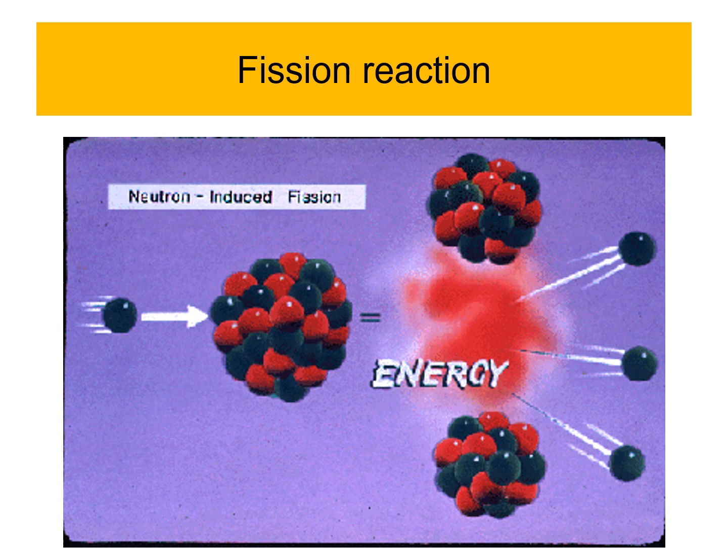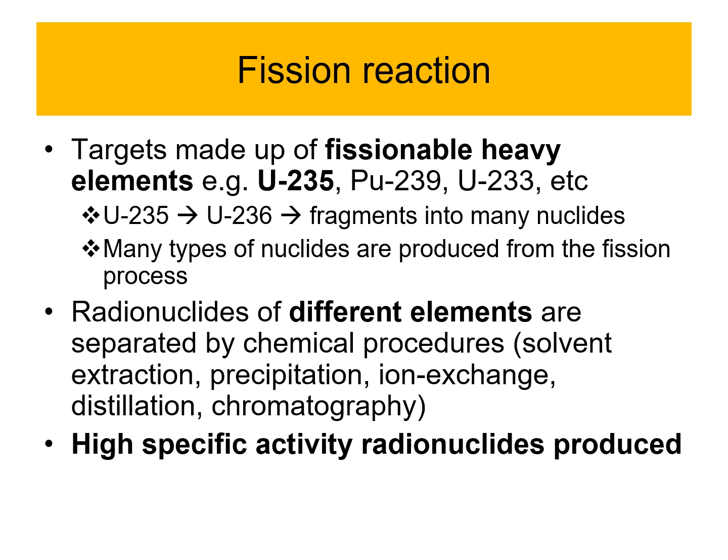During the process, other neutrons are being produced, which would sustain the fission process. Targets are made up of fissionable material, uranium-235. U-235 absorbs a neutron, it becomes U-236, which then fragments into many nuclides, and these nuclides are separated and purified from one another using various chemical methods.